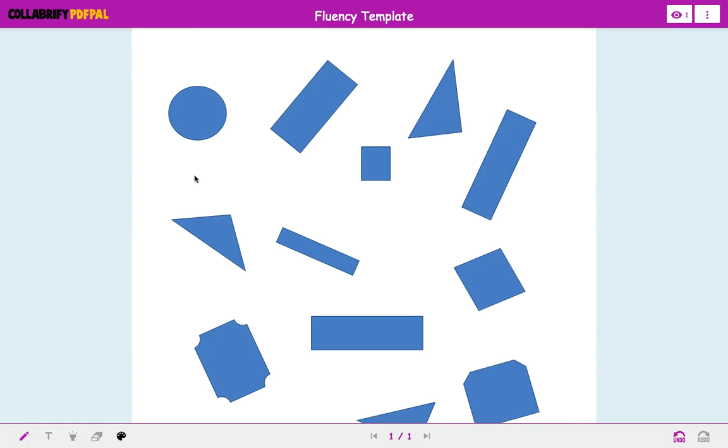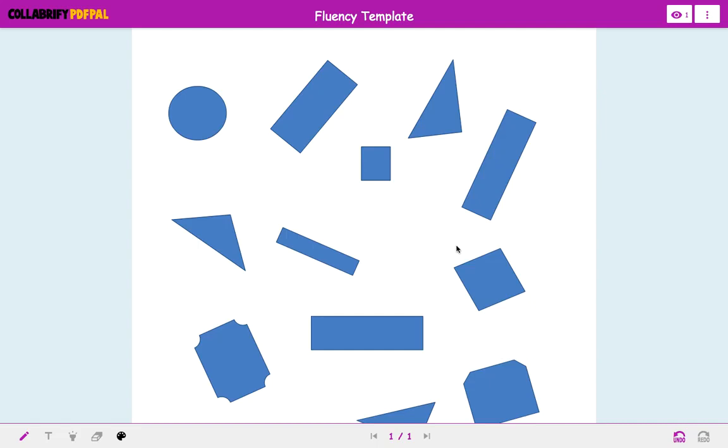Is this a rectangle? It is not a rectangle. Is this a rectangle? It is a rectangle.